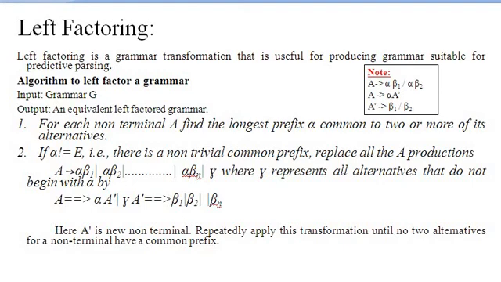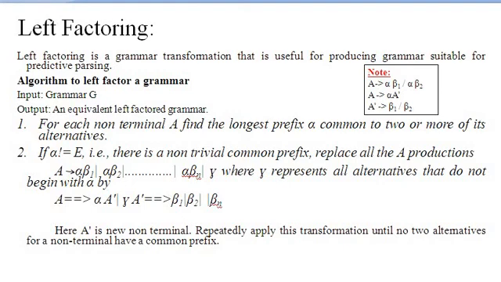For each non-terminal A, find the longest prefix alpha common to two or more of its alternatives. If alpha is not equal to epsilon, for example, there is a non-trivial common prefix, replace all the A productions.